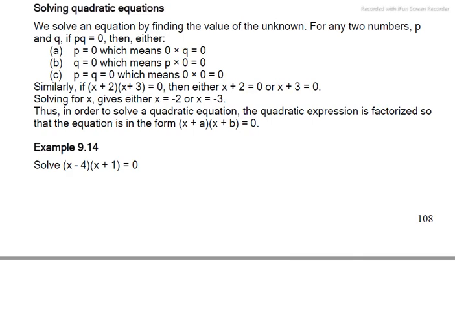When a quadratic expression is equated to a figure, it becomes a quadratic equation. For instance, if I have x squared plus 2x plus 3 equaling 0, that is a quadratic equation. And we solve quadratic equations by finding the value of the unknown.